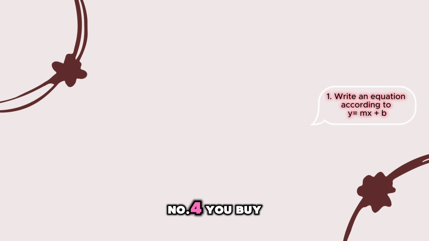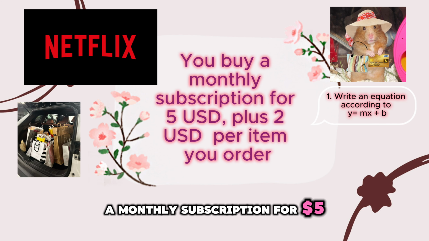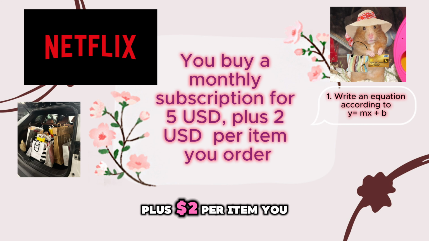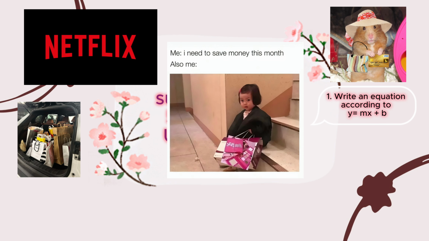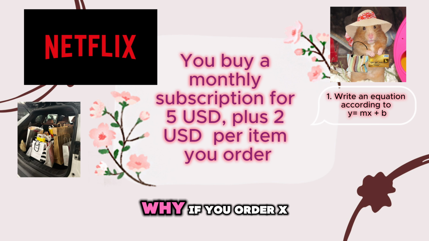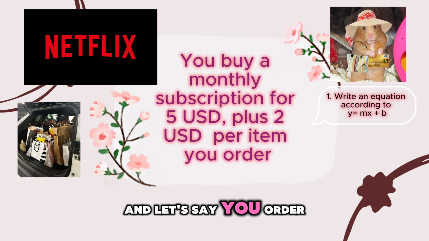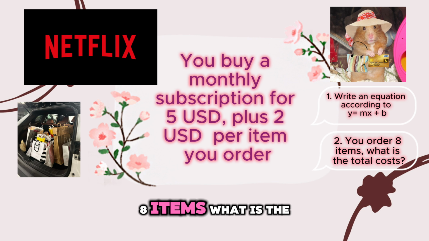Number 4. You buy a monthly subscription for $5 plus $2 per item you order. Write an equation for your total cost y if you order x items. And let's say you order 8 items. What is the total cost?